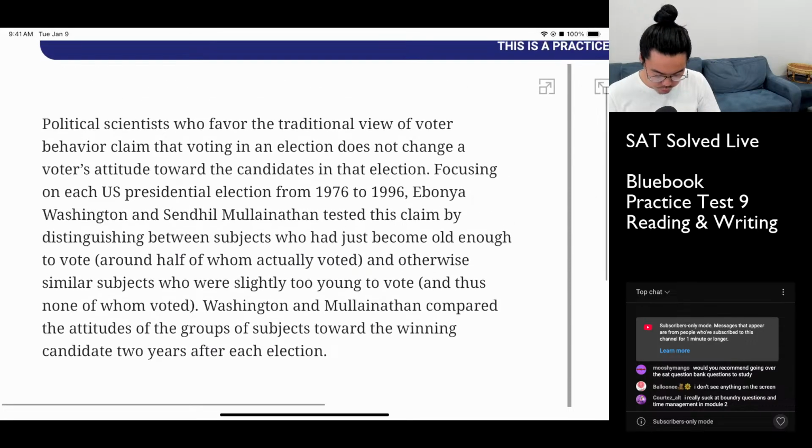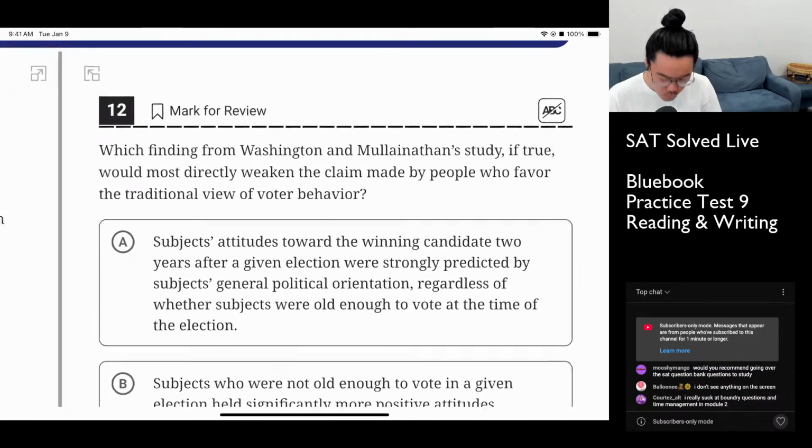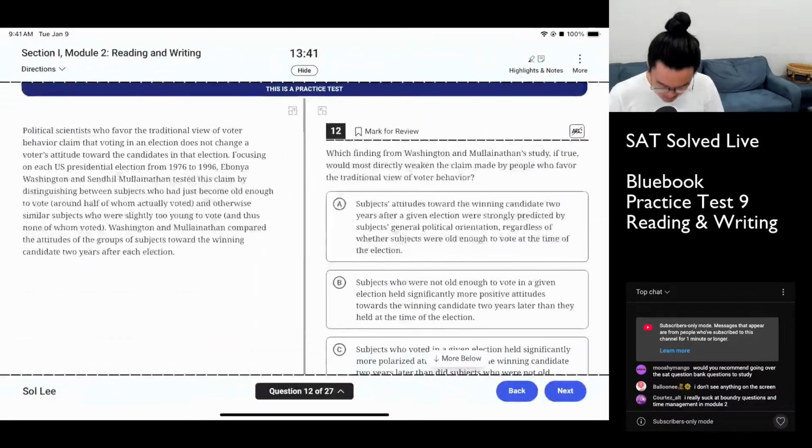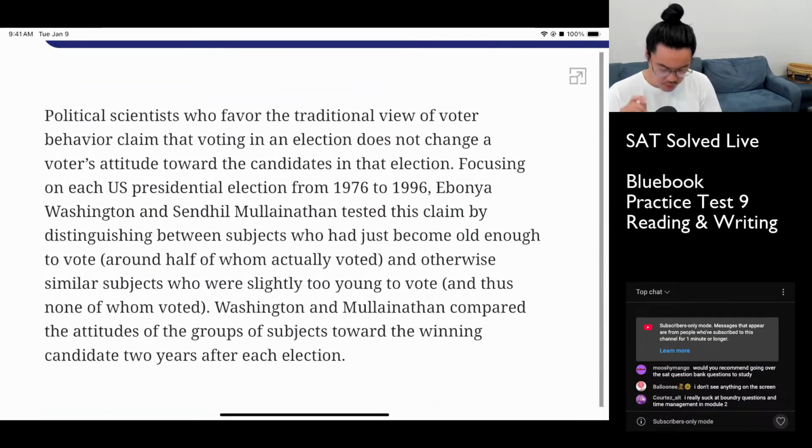So we're trying to predict this, we're trying to weaken the claim that voting does not change the attitude. Therefore, voting does change the attitude. Therefore, the voting group, the group that is old enough to vote, which is a proxy for the voters, had a different attitude than the non-voting group. No. The voting group showed a change in their attitude, whereas the non-voting group didn't show a change in their attitude.